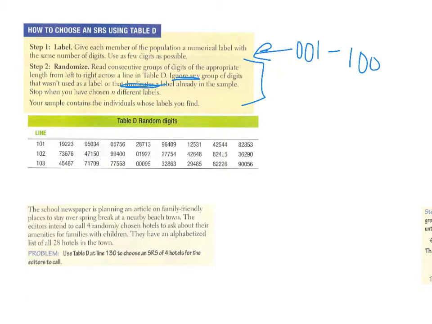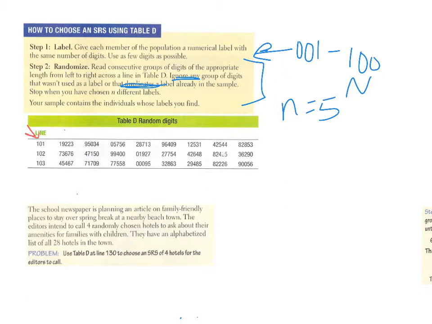So let's say this is our population, 100, and we want to take a sample size of 5. We've numbered everything 001 through 100. I'm going to start here on line 101, just to make sure that we have enough information going on here.